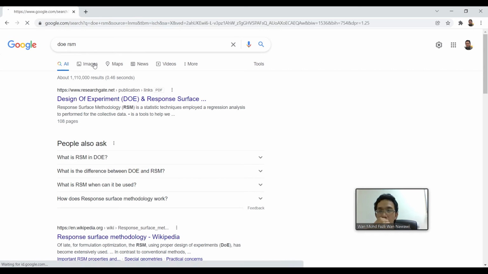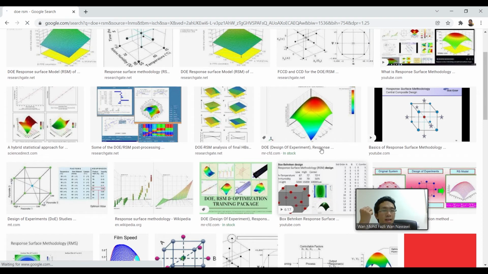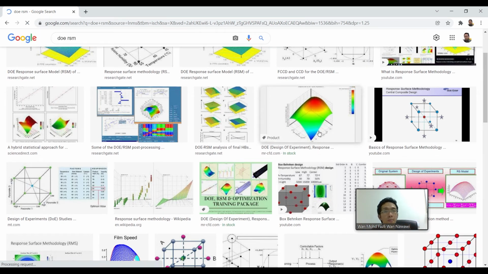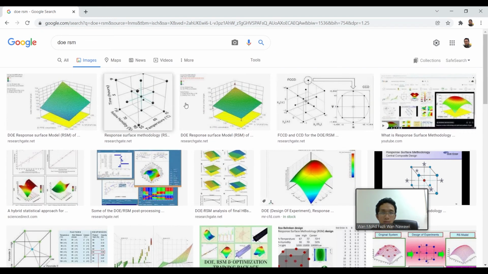So don't always think that when people say DOE, they must get something nice like this. This is for RSM. And even if you get something strange like this, it also has some interpretation, so you need to interpret. This is fine for a 2 factorial.